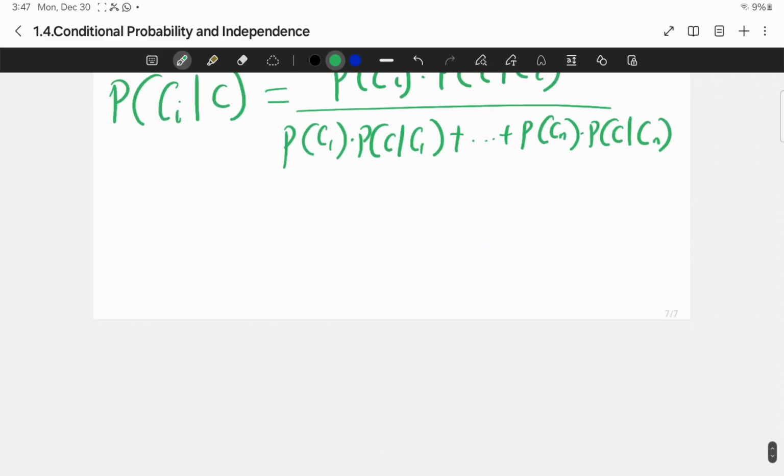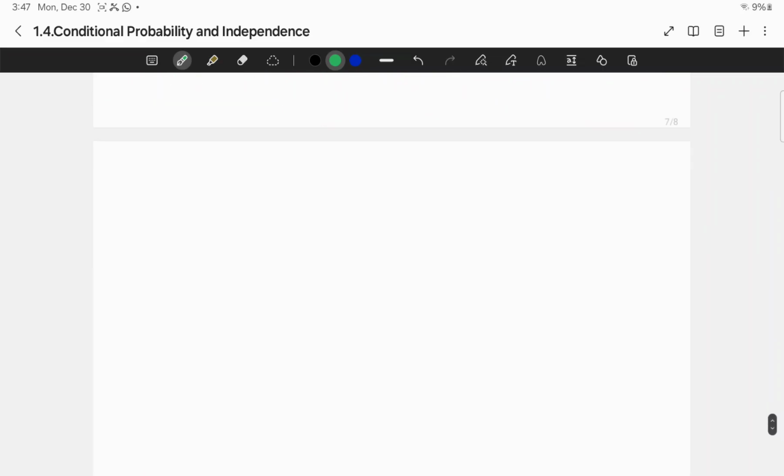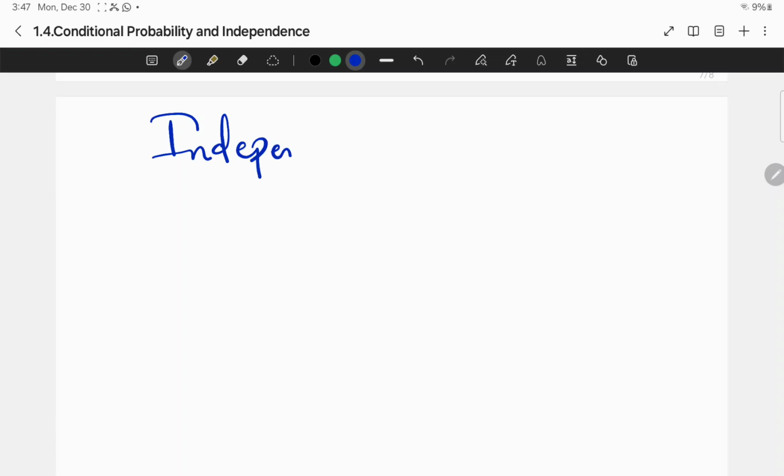So today we are going to do independence. Let's check the definition for independence.